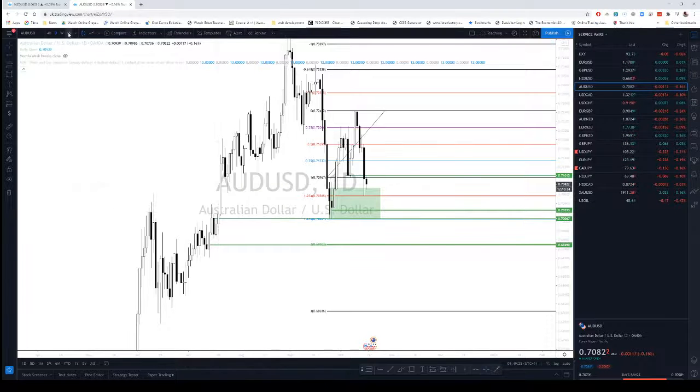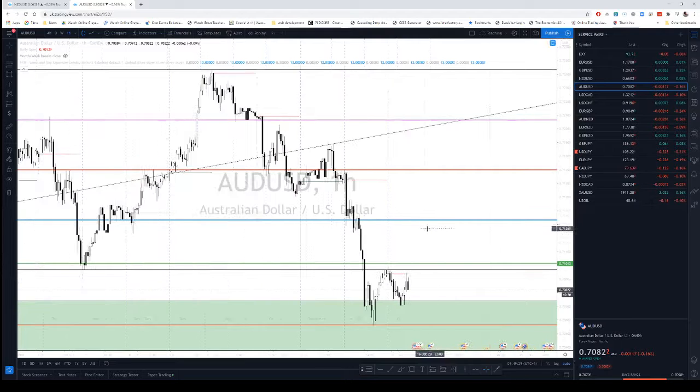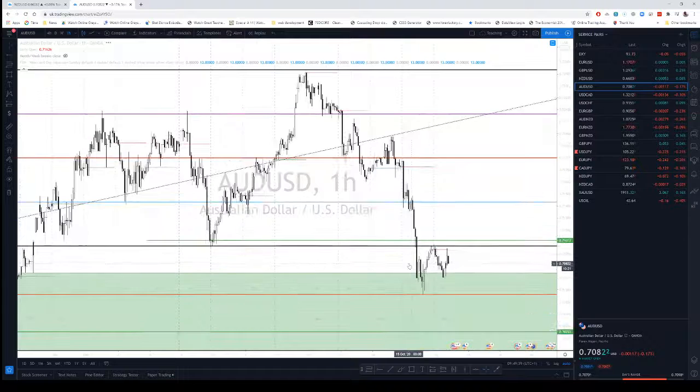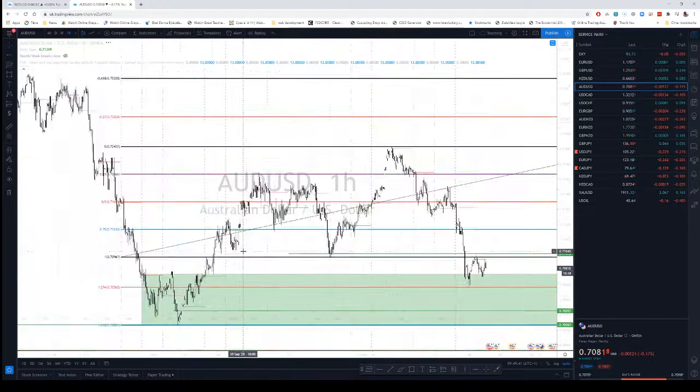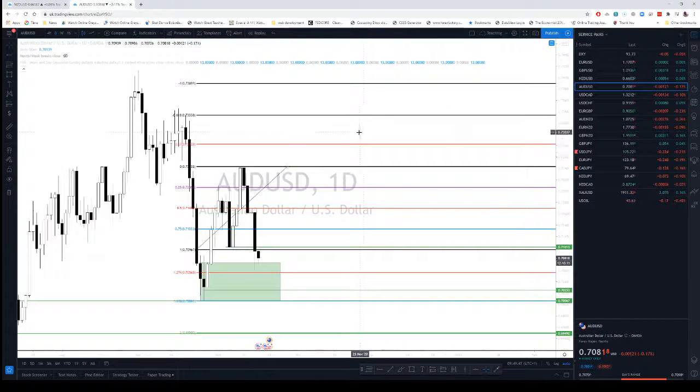Okay, so let's drop back down to the, look for that run first, because there's no breaker in here. I suspect they might come back to, let's see on the daily, yeah, the down candle here.